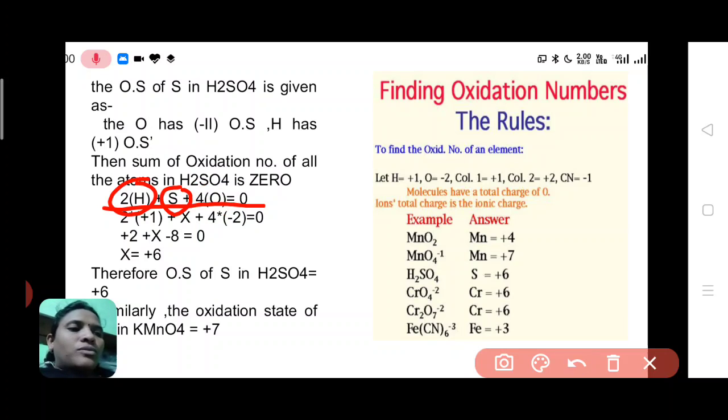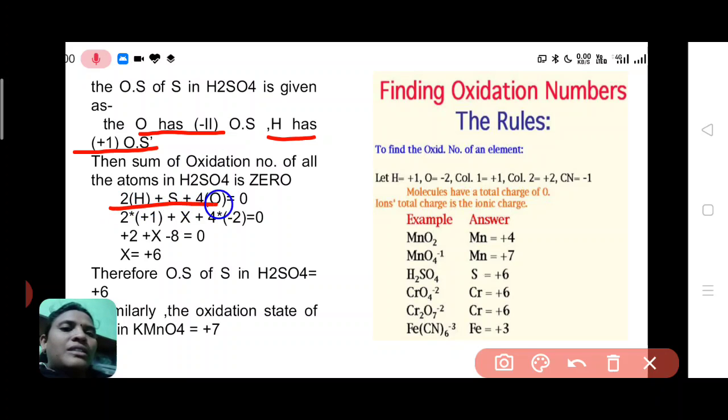Hydrogen has oxidation state +1, while oxygen has oxidation state -2.